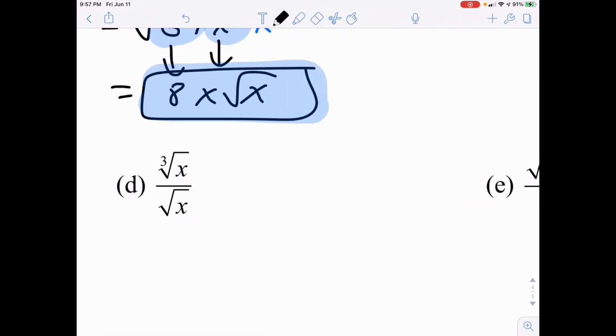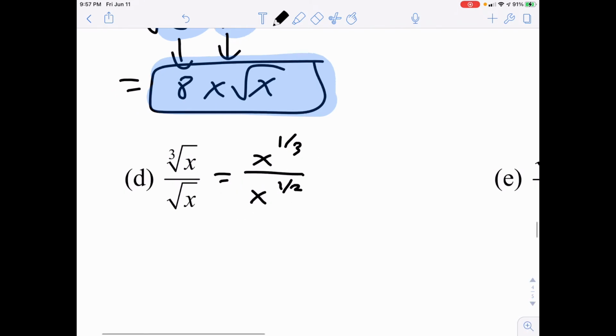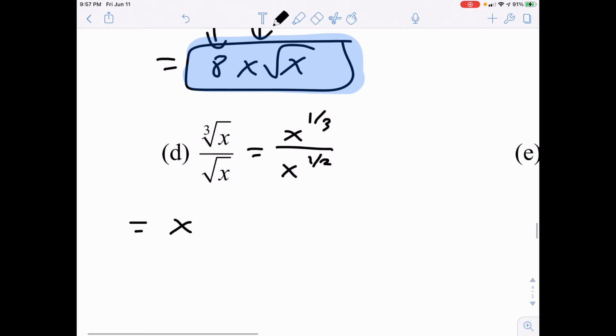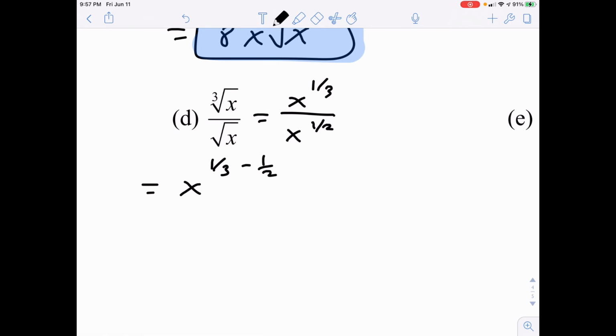Let's start by rewriting these as fractional exponents. So the cube root of x is x to the 1/3 power. The square root of x is x to the 1/2 power. With same base, I subtract the exponents. So this becomes x to the 1/3 minus 1/2. Well, for 1/3 minus 1/2, the common denominator would be 6.